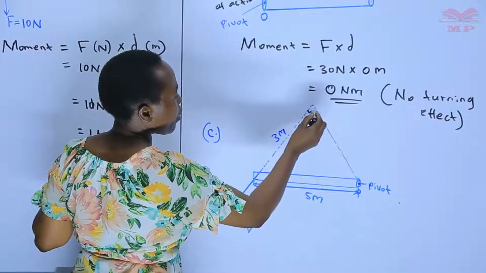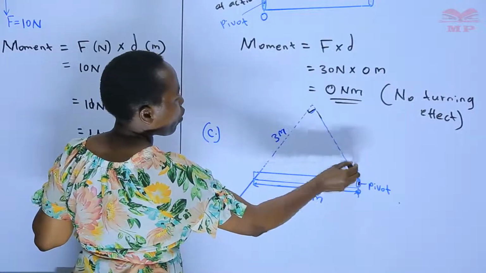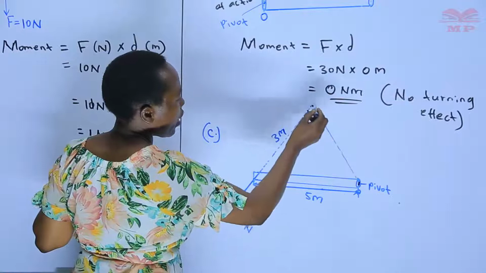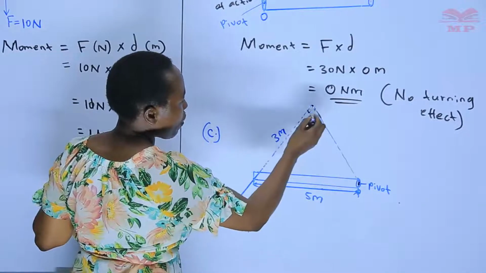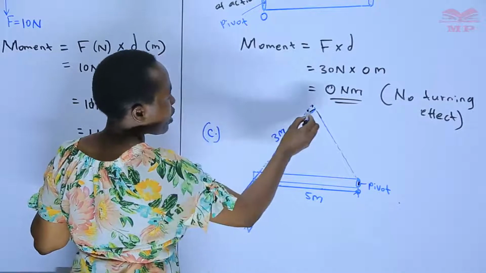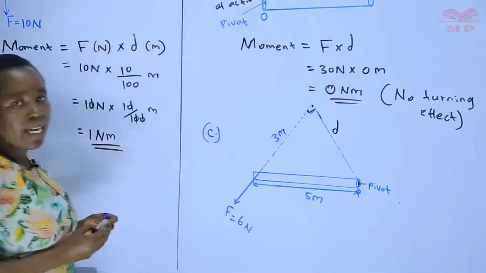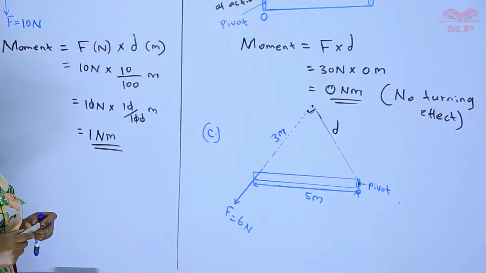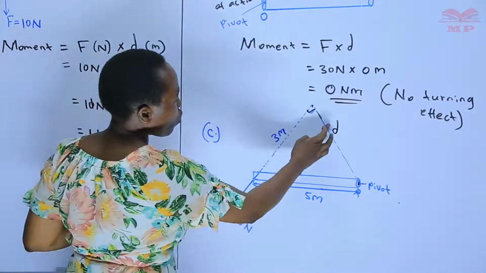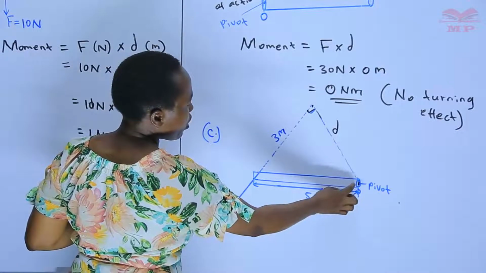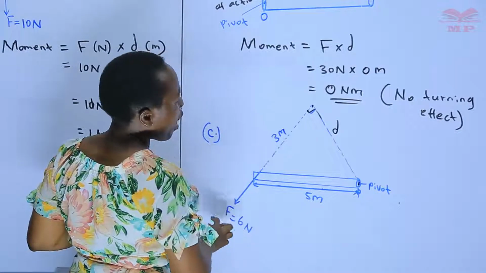This is the perpendicular distance. So we are going to consider this perpendicular distance from the point of support to the line of action. This is the perpendicular distance D. So make note of that. So the distance that we are going to use is the distance which is perpendicular to the line of action.